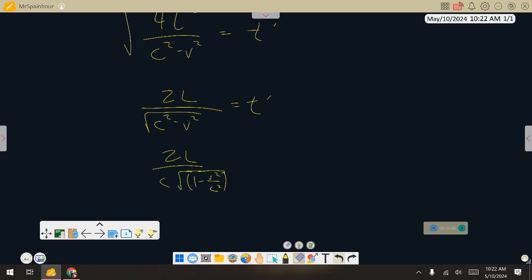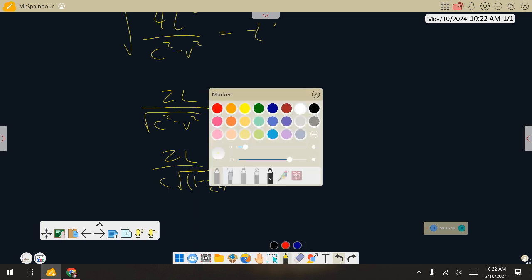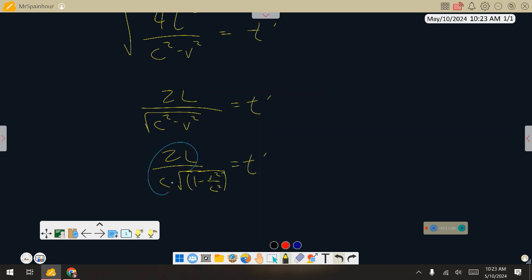Okay. So the new time is equal to this mess, where this right here is time proper. Yes? So I'm going to say that time dilation is equal to time proper times 1 over the square root of 1 minus v squared over c squared.